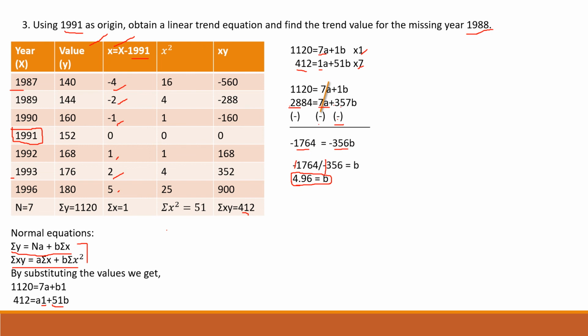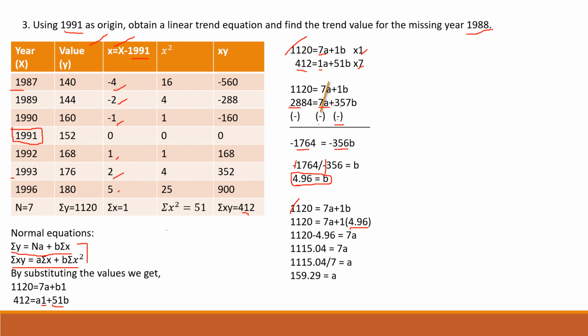So we got the value of b. Then we calculate the value of a by taking either of the equations. I took equation number 1: 1120 equals 7a plus 1b. We substitute the value of b, so 1 into 4.96 is 4.96. So 1120 equals 7a plus 4.96.